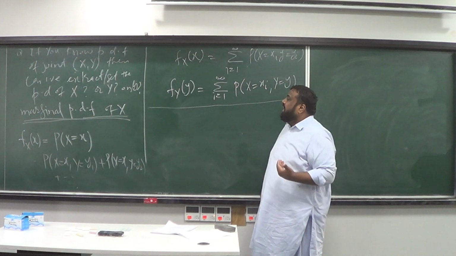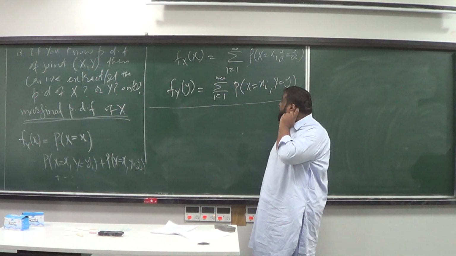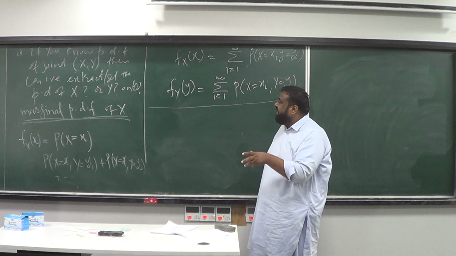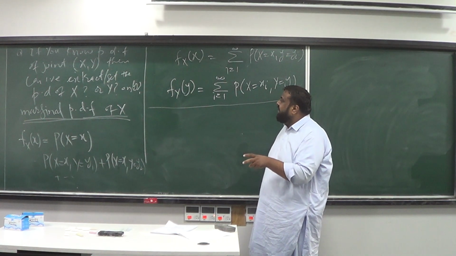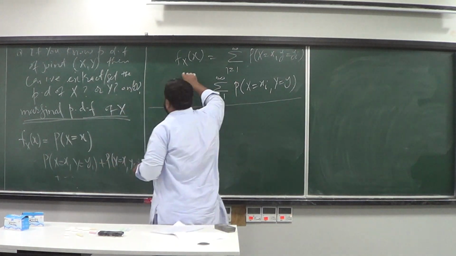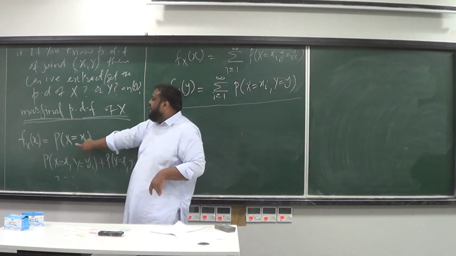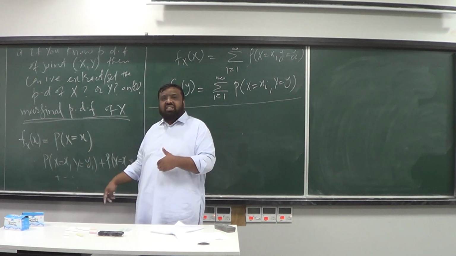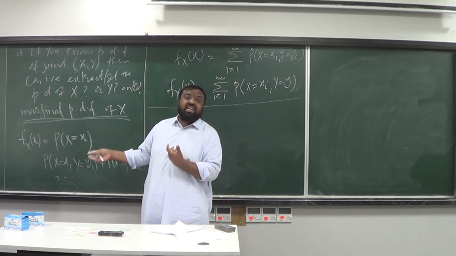For example, if you want to compute the marginal PDF where you have 3 random variables, then if x is taking value x, the y and z, the other 2 random variables, can take any value.